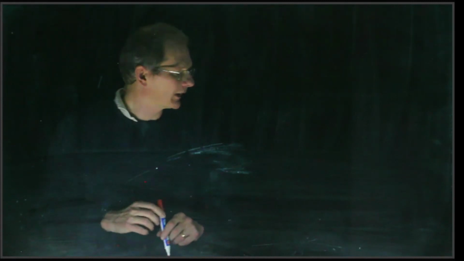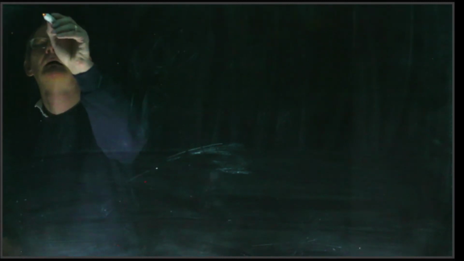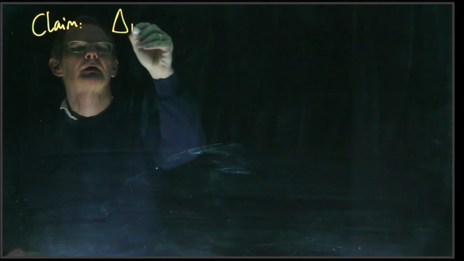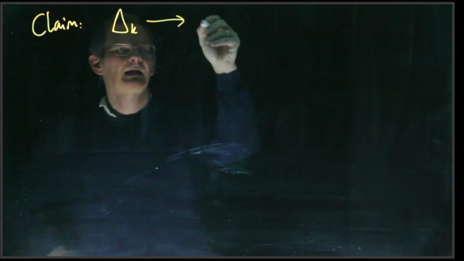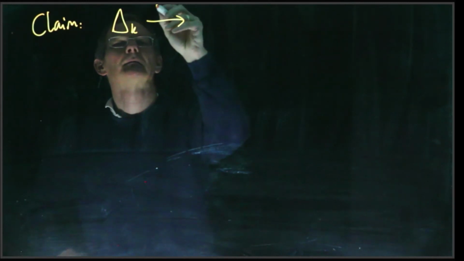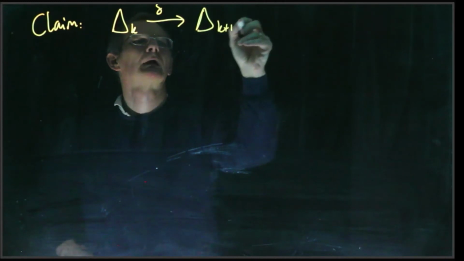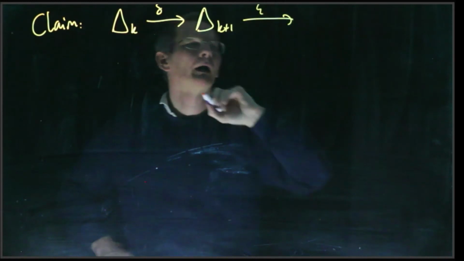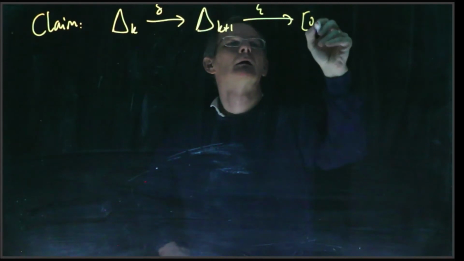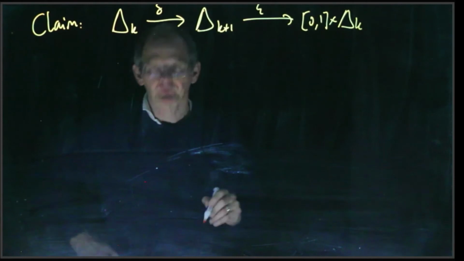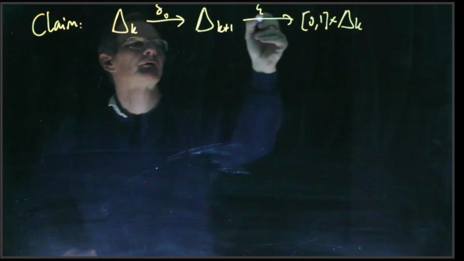Okay, just the last couple of cases. Again, as always, we're looking at maps: a delta into delta K plus 1, and a zeta into 0, 1 across delta K. The first one is if both of these indices are just 0.